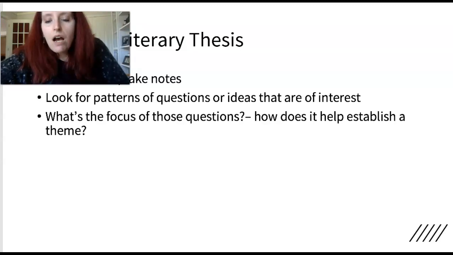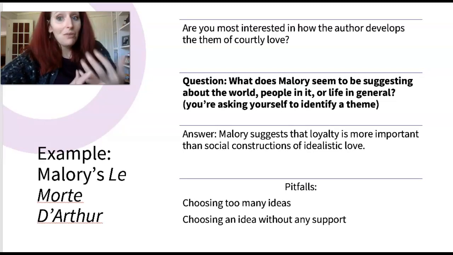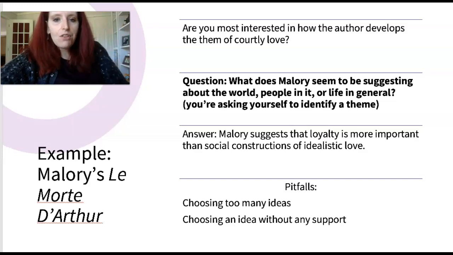So anyways, when you're writing a literary thesis, you always want to look for patterns or ideas and what the focus of those questions or those patterns are on. So for example, my example is going to come from something that we are going to read. It is Malory's La Mort d'Arthur, or The Death of Arthur.